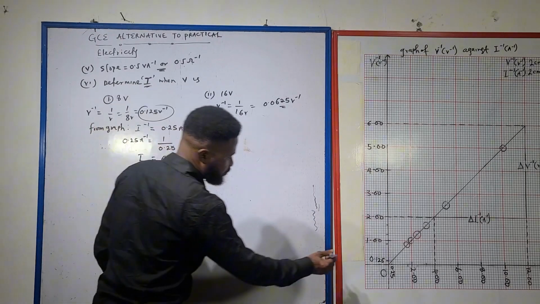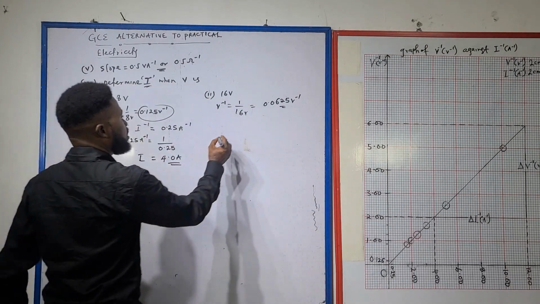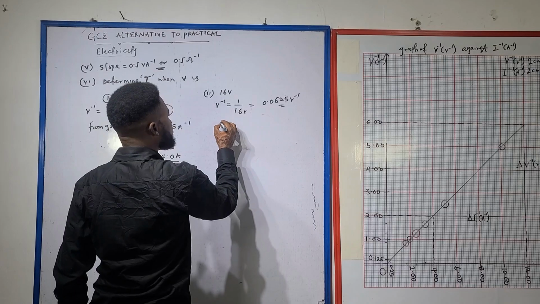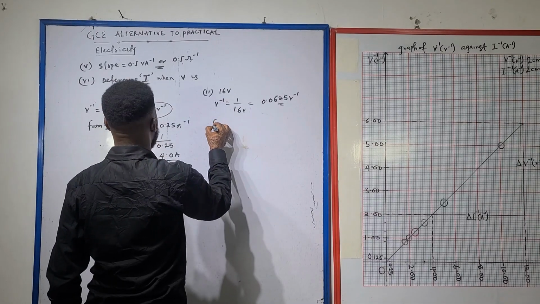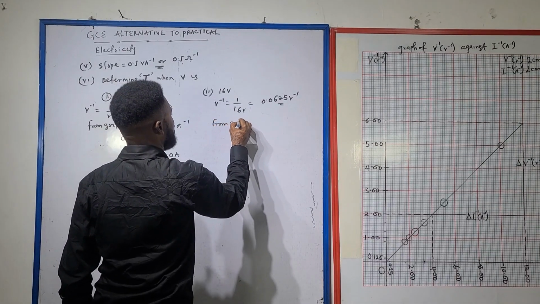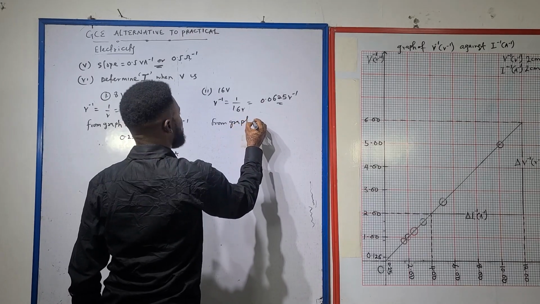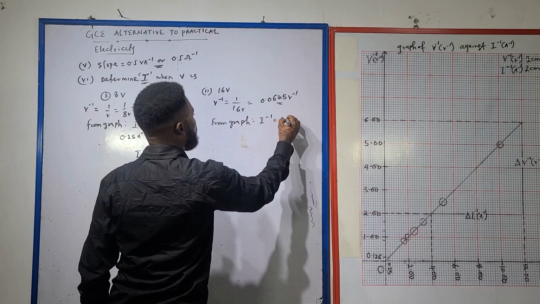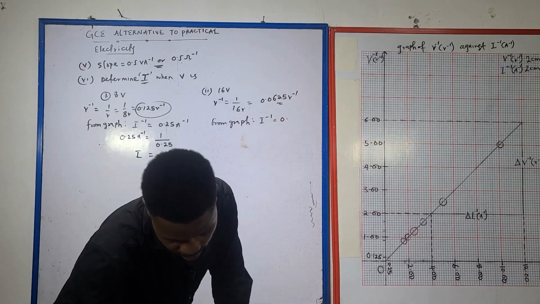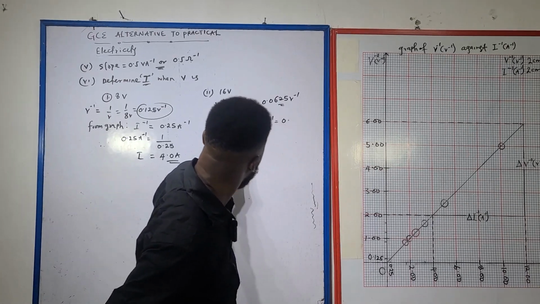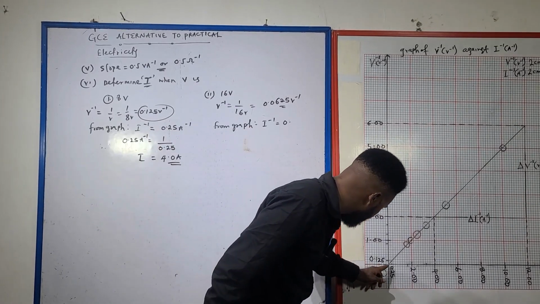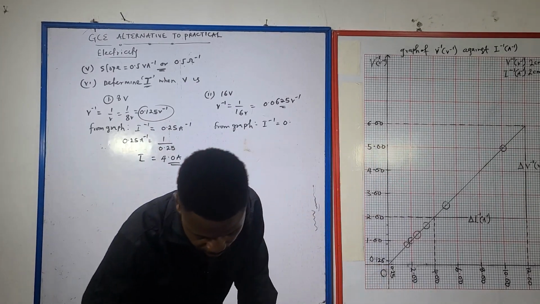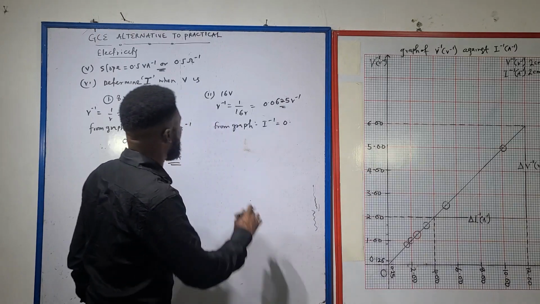0.125 per ampere. If you trace it out on a paper graph, from your graph, you're going to have 0.125.